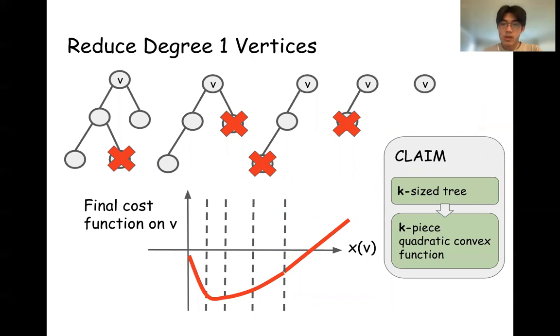And we show that if the tree has size k, the resulting function has size k as well. Specifically, this function is a k piecewise quadratic convex function.